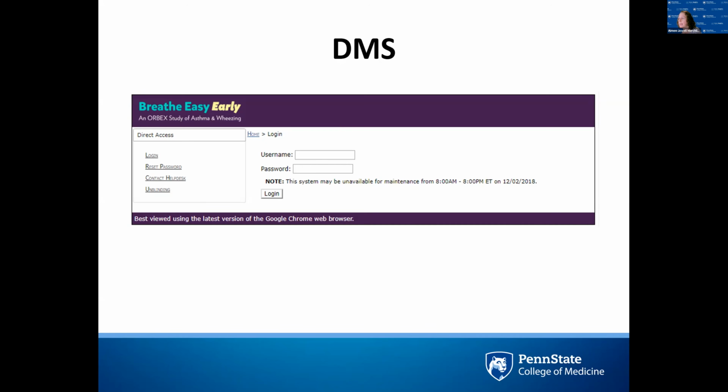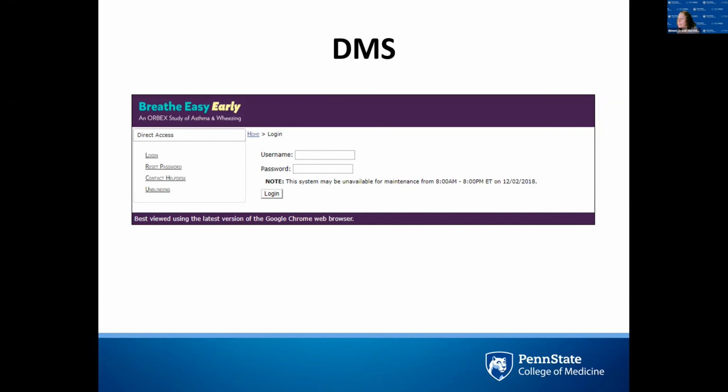So the DMS is a roles-based system, and it is set up to allow a host of different users to use the system based on their needs. So we have roles for a site coordinator, for data managers, project managers, administrators, scientific coordinators, which is kind of a project coordinator, but more kind of a project manager and a statistician combined.